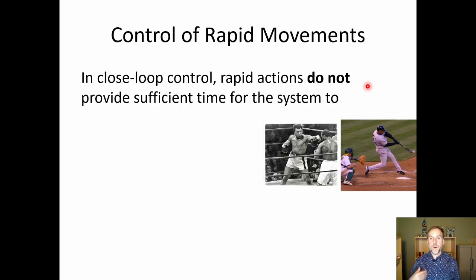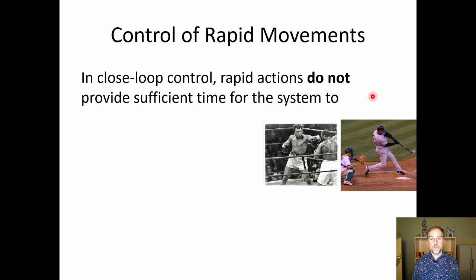So if we think about a very rapid action, something that's 100 milliseconds or maybe even shorter or a little bit longer, those are too fast for closed loop control. So examples could be a boxer's jab, a very professional, very fast boxer would have a very fast jab. And then even swinging a bat in baseball.